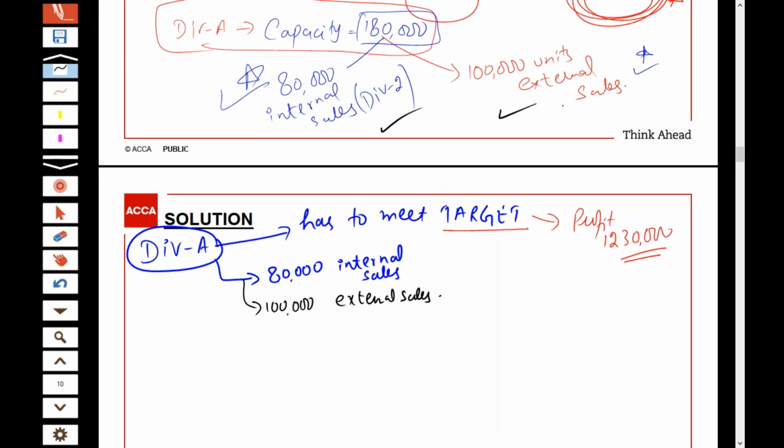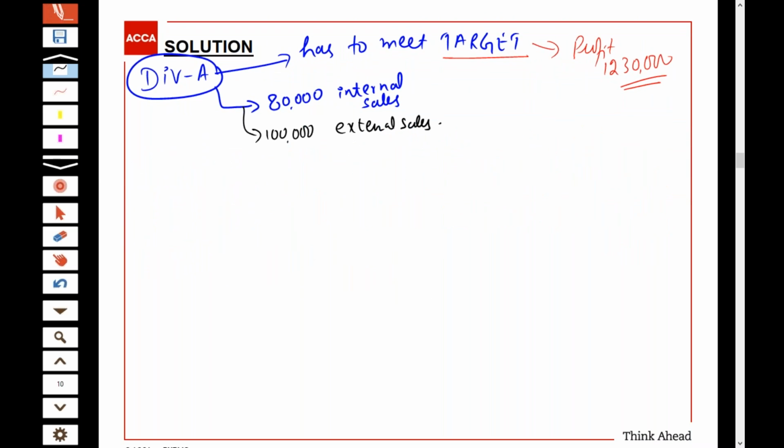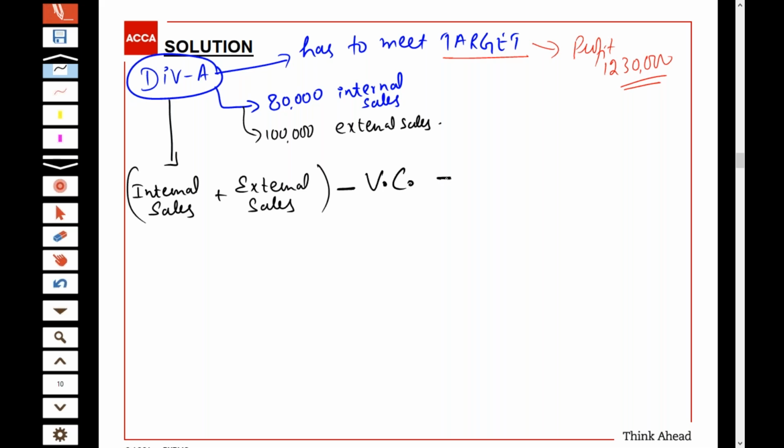Okay. Now see the magic. Division A will be making internal sales. It will be making external sales. Then it will have to minus variable cost. It will have to minus fixed cost.